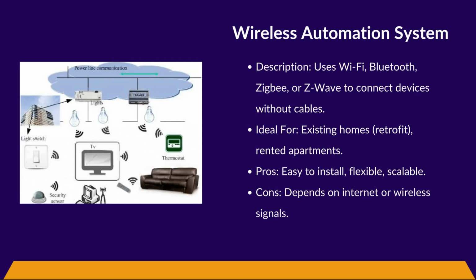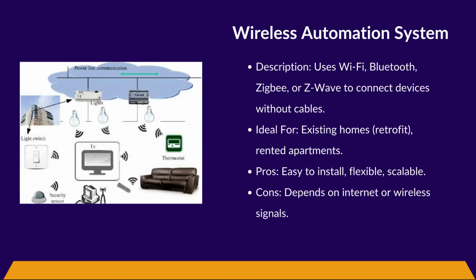There will be a controller, like a voice controller or a display panel, that the owners can use to control these devices. And these devices can work together. They can have a handshake between each other and interact to execute an automated task. So that's the simple explanation for the wireless.